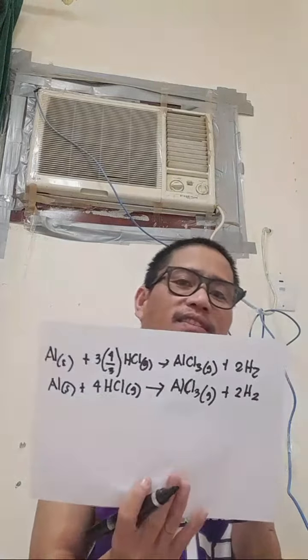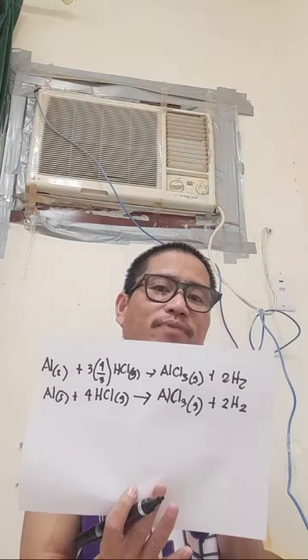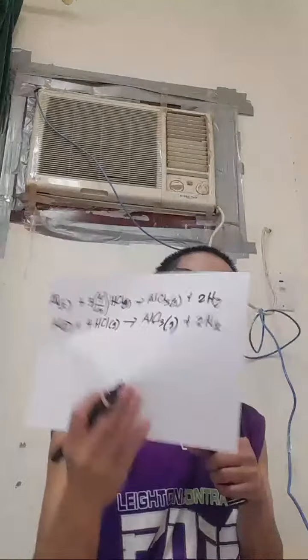So I love on-the-spot problem solving. For this one, I need to have the final balanced equation on the third attempt. Now aluminum: left 1, right 1. And then chlorine. What's happening for the chlorine now? The chlorine is not balanced.